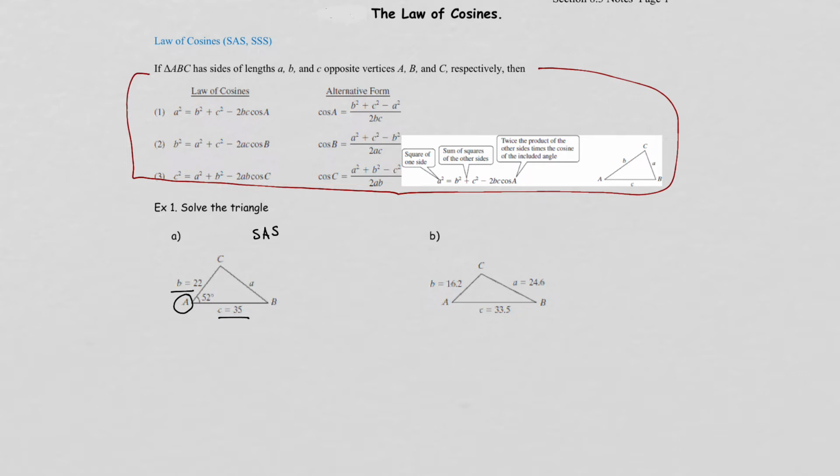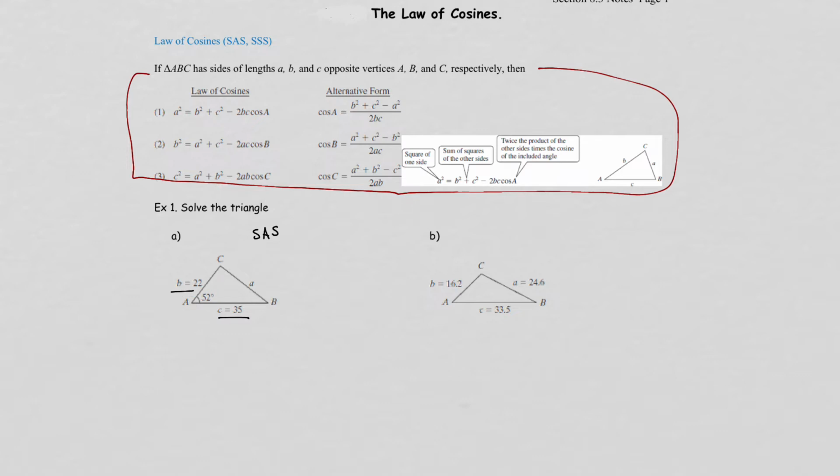It's not the side with the matching angle that was given. In that case, because you don't have any matching side with the angle given, we can use the law of cosine. If you had an angle with the matching side given, then you could use the law of sine. But since one angle was given but the matching side wasn't, we're going to use the law of cosine.